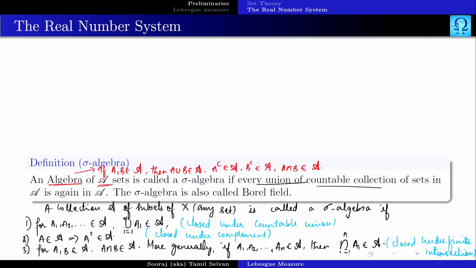If the collection that you have taken is countable, then the union is going to be inside that thing. If it is so, then only we can call the collection a sigma algebra, right? Whereas when we come to the concept of intersection, it must be a finite intersection, right?